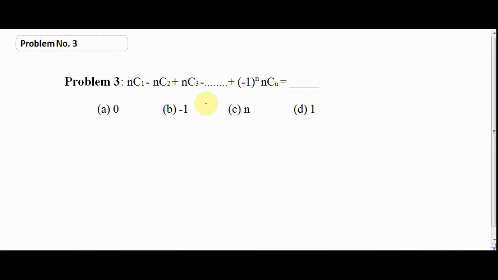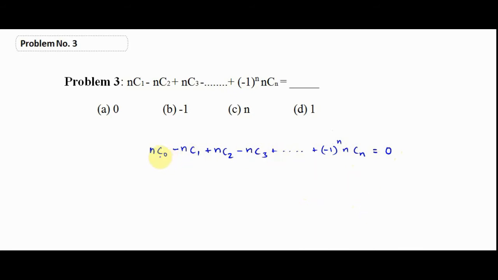This one is derived from an identity, that is nC0 − nC1 + nC2 − nC3 + etc. + (−1)^n·nCn is equal to. We have learned this identity. The value of this expression will be equal to 0.